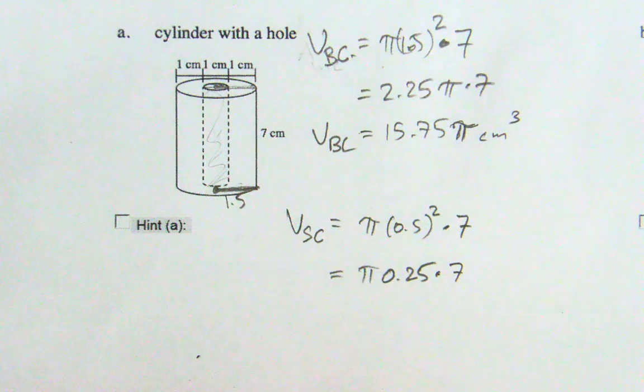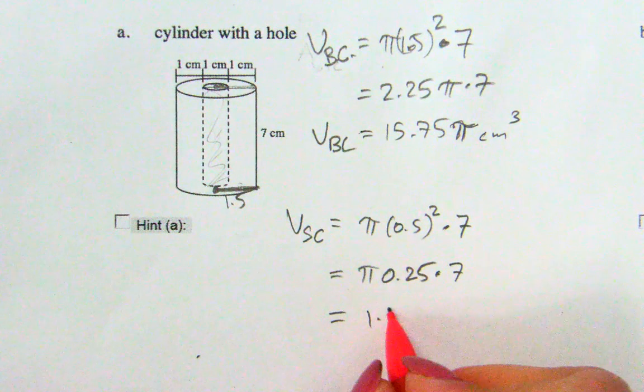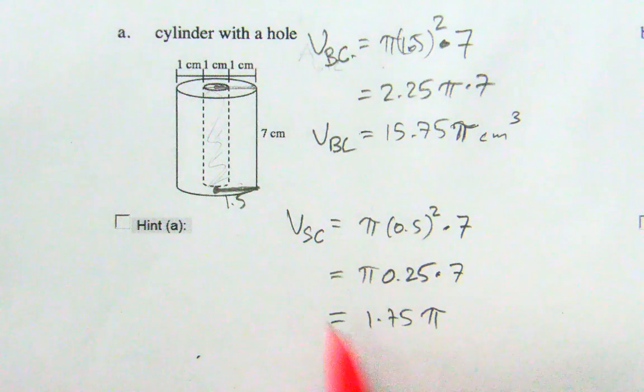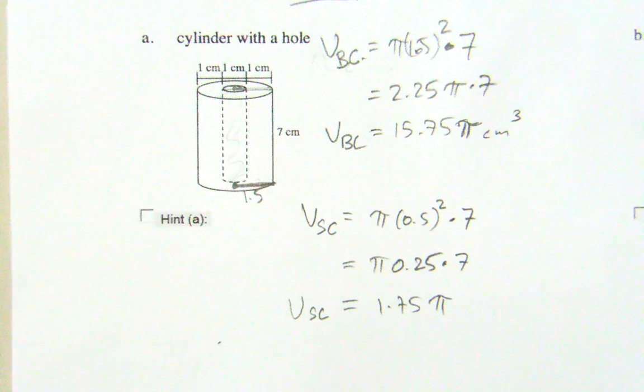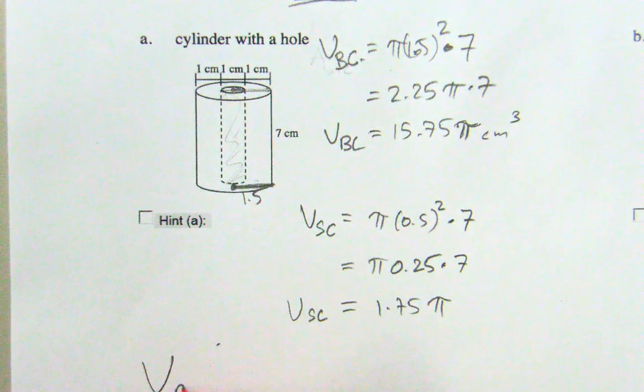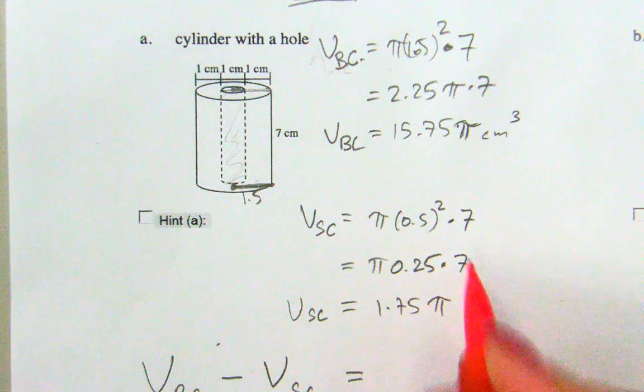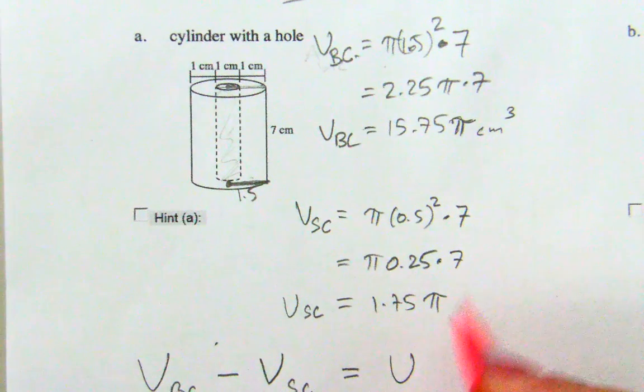Times 7, so this is going to be 1.75 pi. So that's the volume of the small cylinder. If I do volume of the big cylinder minus the volume of the small cylinder, I should get the volume of whatever's left over.